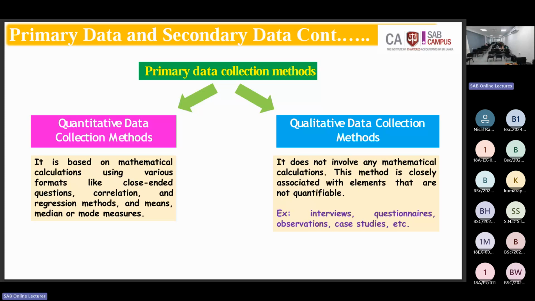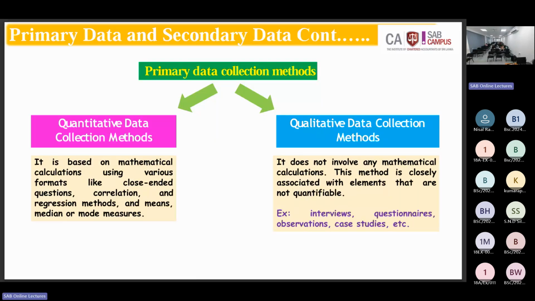Observations. Right. The way you can collect the primary data: observations, interviews, experiments, and the last one, questionnaires.